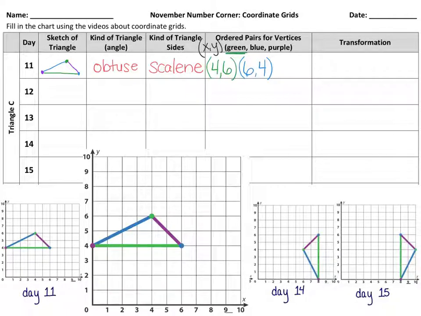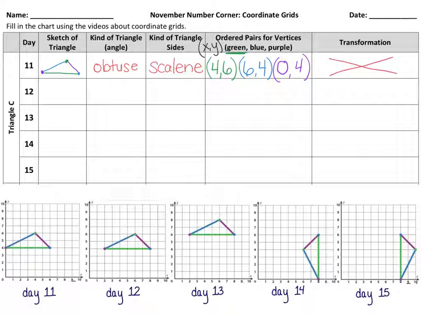And lastly, the purple point is on the x-axis at 0, and on the y-axis at 4. So we have 0, 4. Because this is our first day, there will be no transformation.